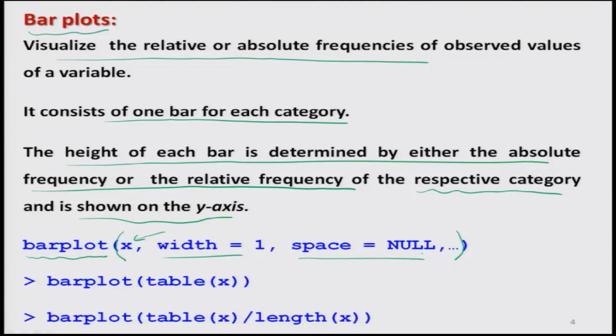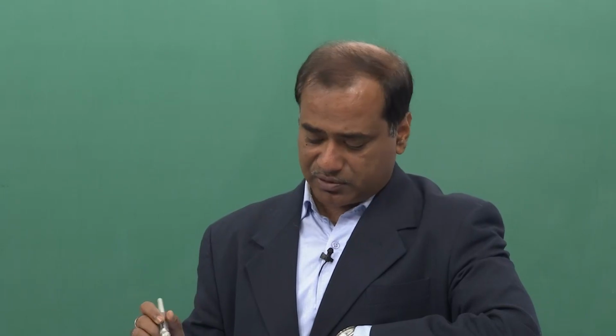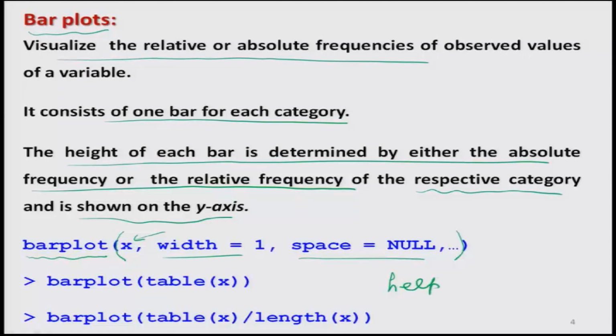So I am not going to discuss other options, but you can simply use help, something like help inside double quotes write barplot, and this will take you to the internet site, and then you can get all the information about barplot. In order to create a bar plot, we use the function barplot, and inside the arguments we use the function table(x), and this will give us a bar plot which is based on the absolute frequency.